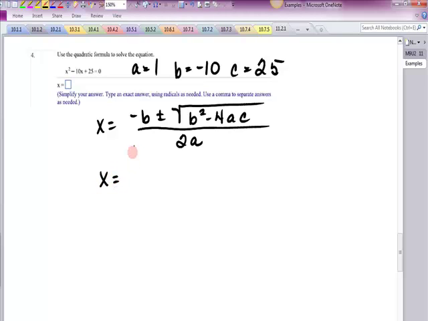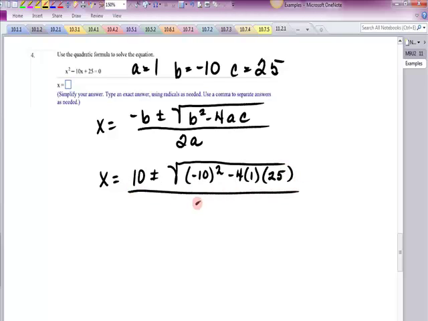X is equal to opposite of b, that's going to be 10, plus or minus the square root of -10 squared minus 4 times 1 times 25 all over 2 times 1.